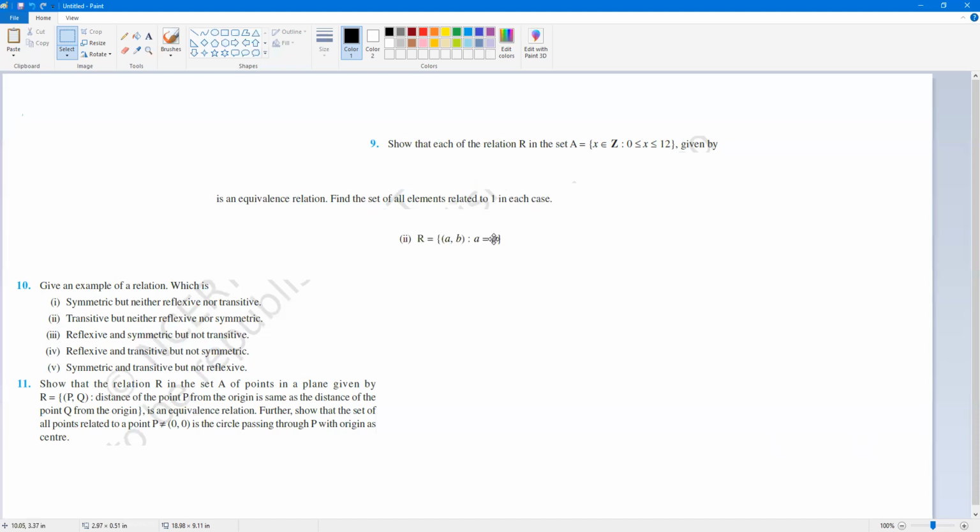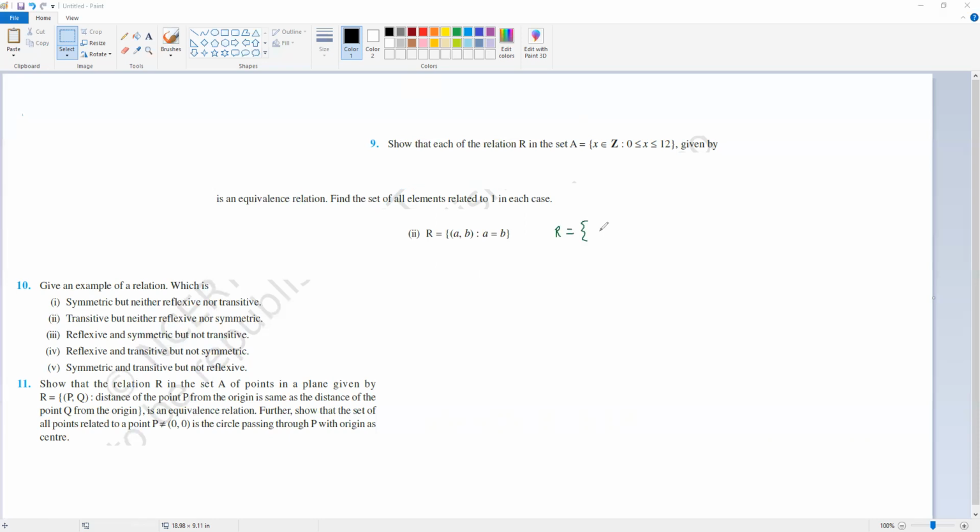Now the next relation is A is equal to B. Both elements of the pair are the same. That means your relation is nothing but A equals B, meaning 1 1, 2 2, 3 3, etc. up to 12 12. That is your relation. So it is clearly reflexive, for A is equal to A, isn't it?